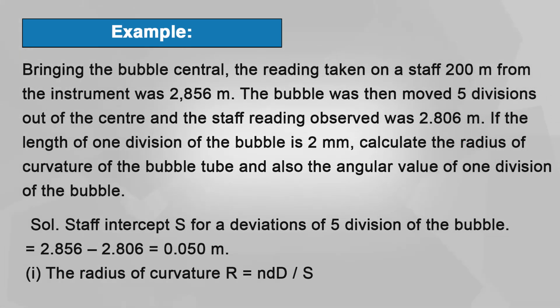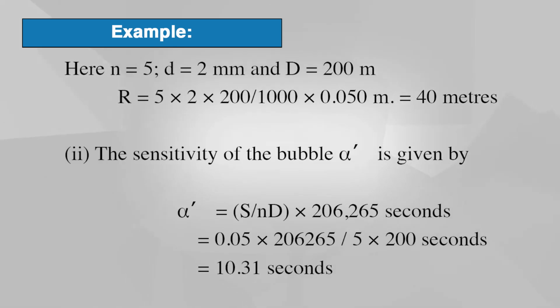Firstly, the radius of curvature R can be calculated as N small d capital D divided by S. Here N will be equal to 5, small d is 2 mm, capital D is 200 meter. So, R can be calculated as 5 multiplied by 2 multiplied by 200 whole divided by 1000 multiplied by 0.050 meters, which will result in 40 meters.